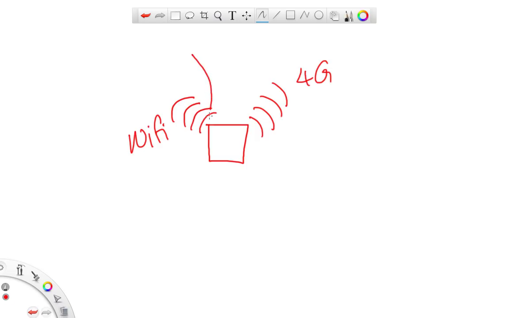This is one network and this is another network. Your device will have a unique IP address here and a unique IP address here. So for each network connection, the device will have a separate IP address, and it will be unique for that network.